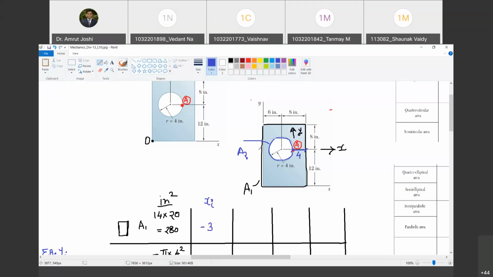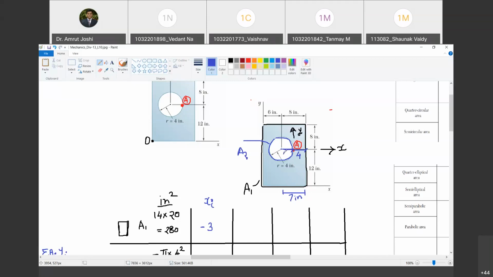Is that clear? Let me tell you once again. A1 is a rectangle. Where is the center of A1? It is at 7 inch, because 8 plus 6 is 14, and 14 by 2 is 7. So it is at distance 7 inch from the edge. Now, this distance is 8 up to the center of this circle. From that I subtracted the radius of the circle, that means I am subtracting this much distance.